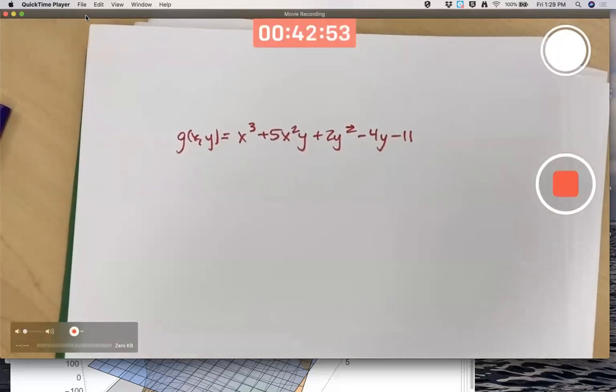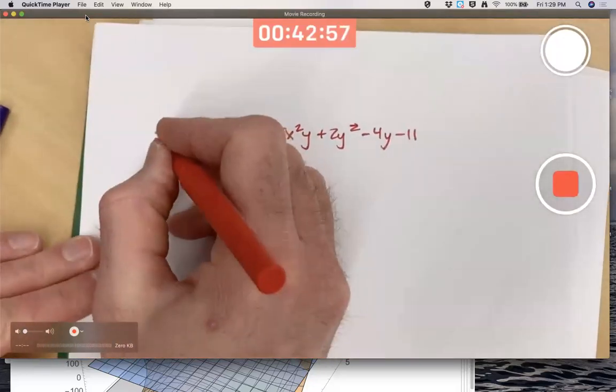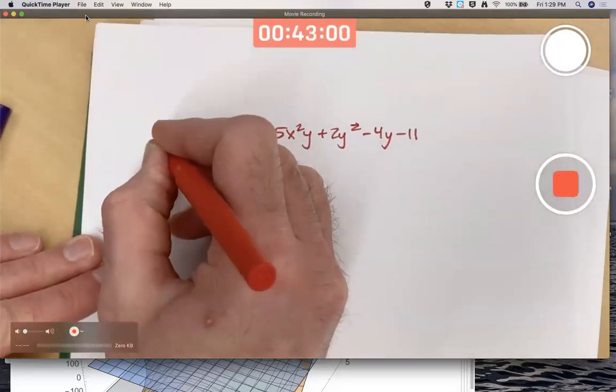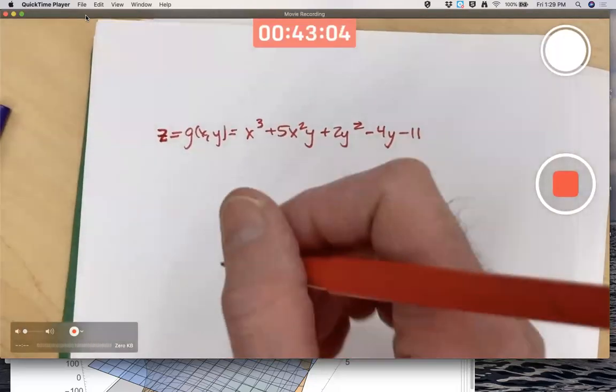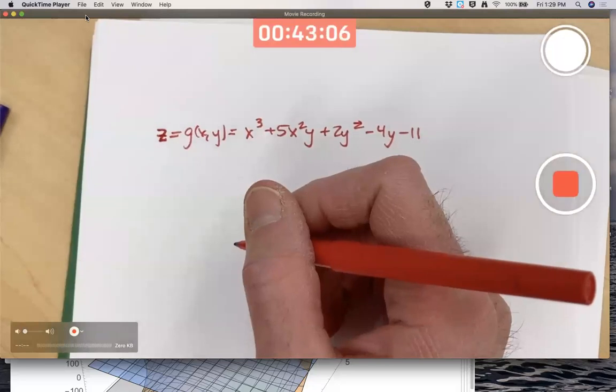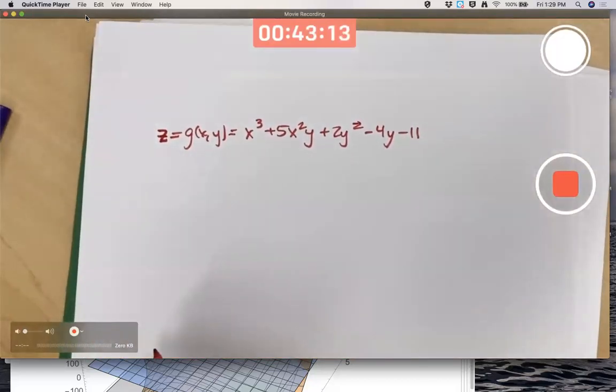I can differentiate this. Let's call the output z. Mathematicians tend to put lines through their z's because otherwise it looks too much like a 2 sometimes. I could differentiate z with respect to x.